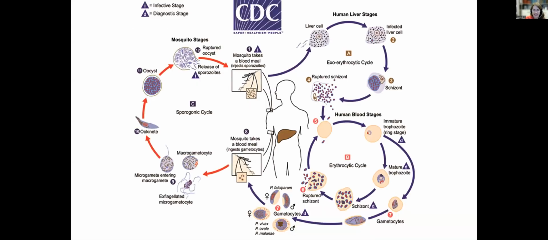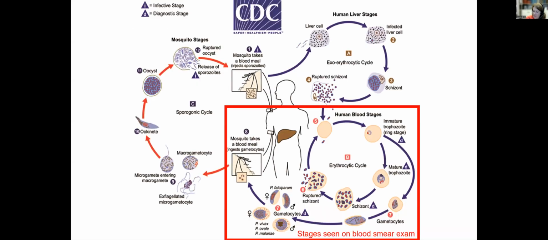So let's look at the CDC life cycle. We are talking specifically about the stages shown here that you see on a blood film. After the liver stage, merozoites, individual parasites released from a liver cell, will come and infect individual red blood cells.